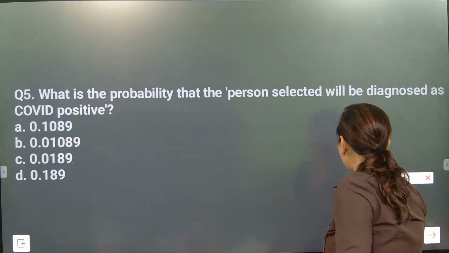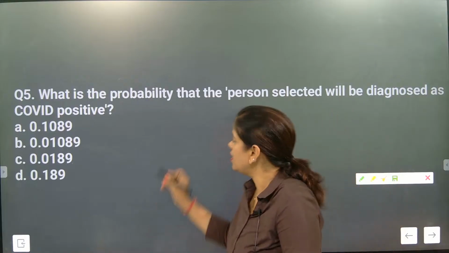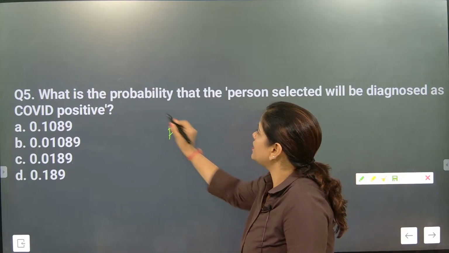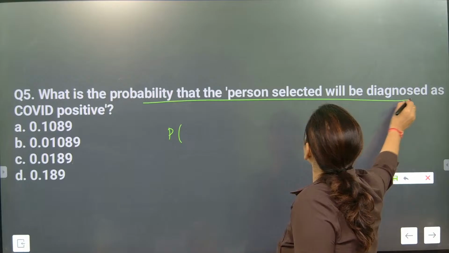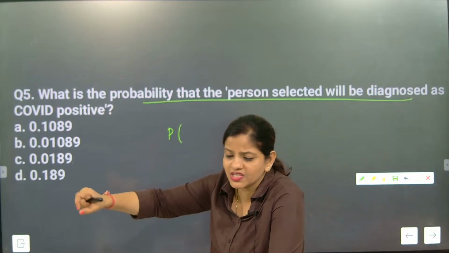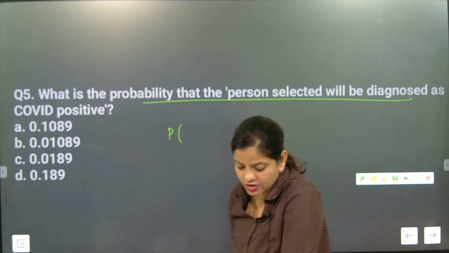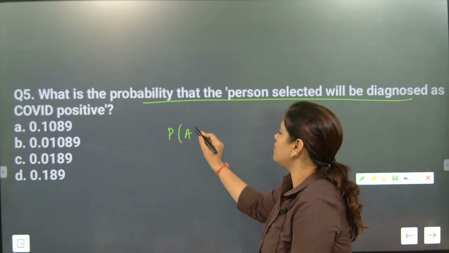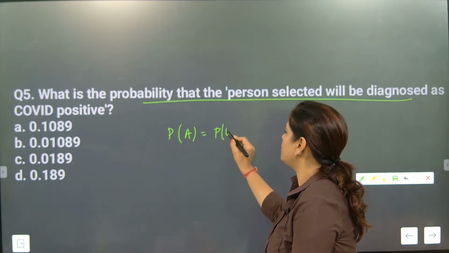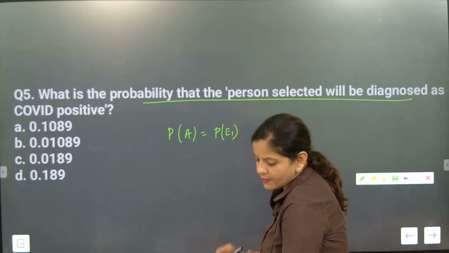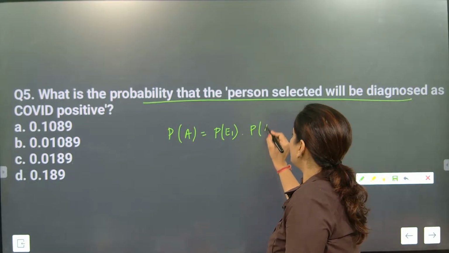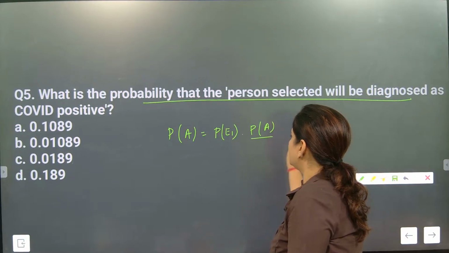They are asking the probability that the person selected will be diagnosed, meaning if I select one person, what is the probability that the person is positive or not? So it will become P of A is equal to P of E1 into P of A by E1.